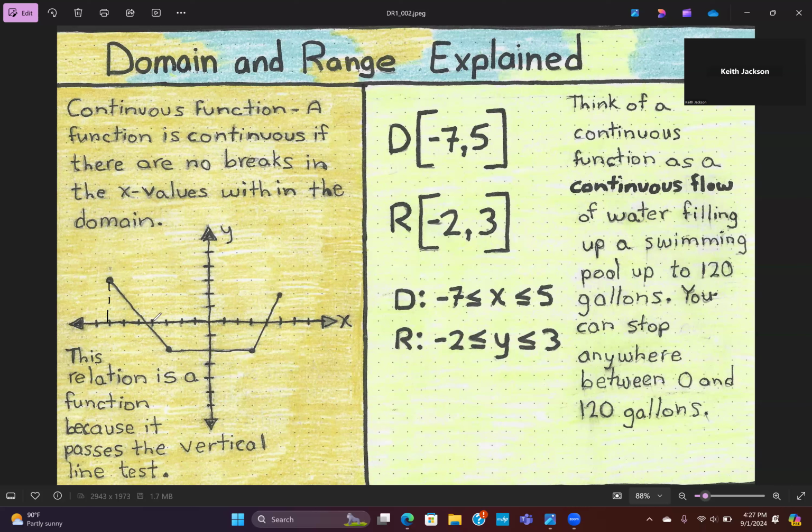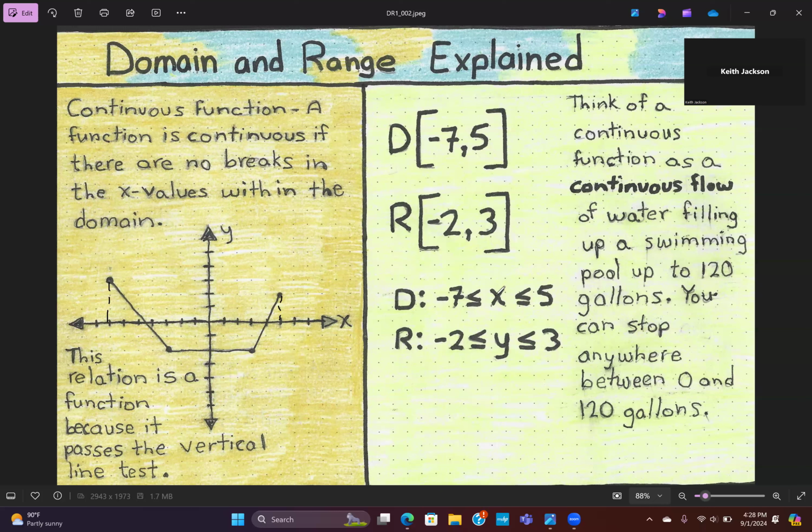That's the domain, remember? Okay, and then let's take a look at where it ends. And that's 1, 2, 3, 4. And watch this right at 5. So I'm going to count one more time. 1, 2, 3, 4, 5. And so when we look at our domain right here, it begins at -7 and it ends at 5. And so we can see it this way.